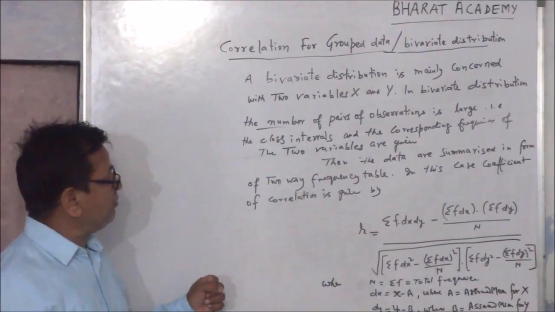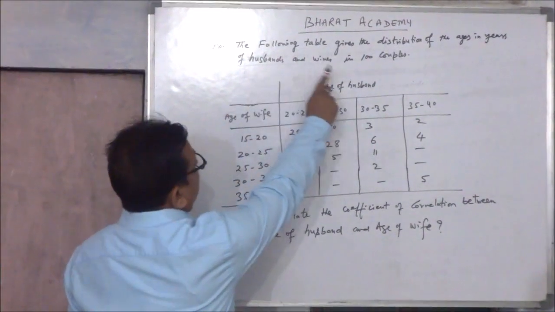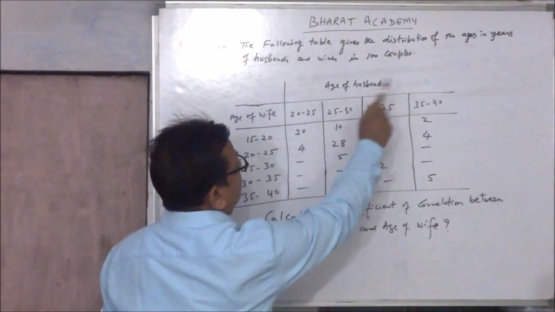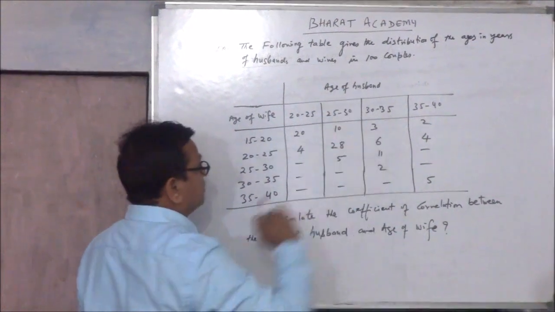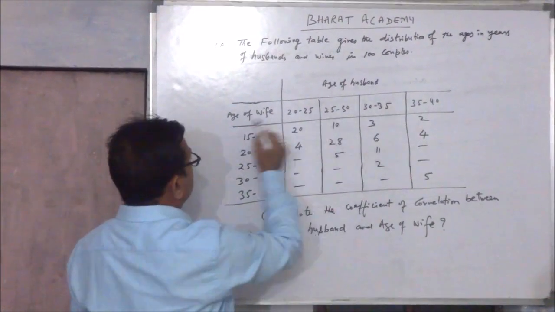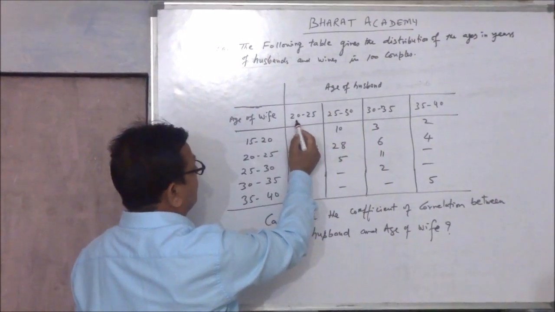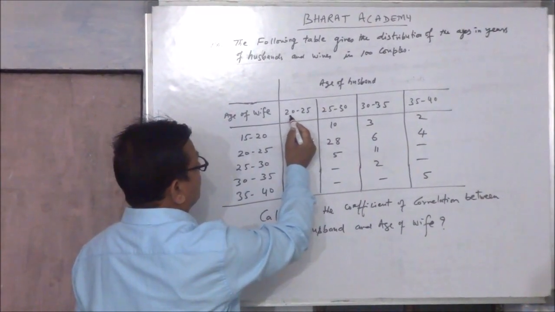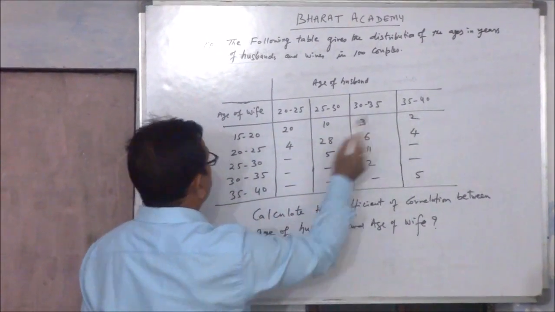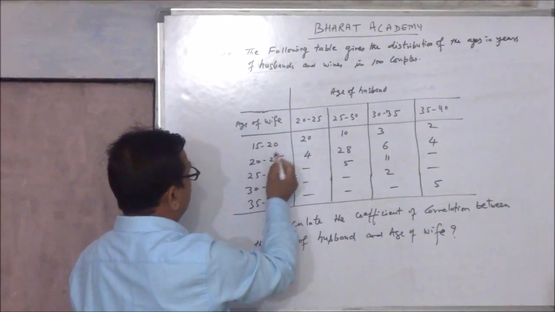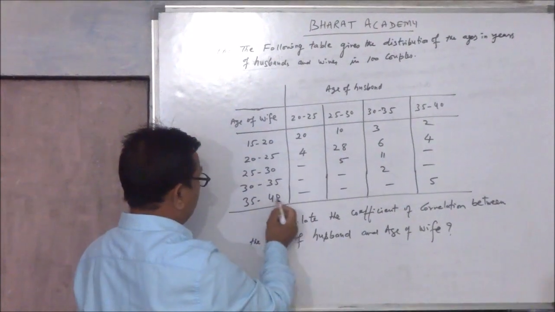Now we solve a problem based on correlation for group data. Question is, the following table gives the distribution of the ages in years of husbands and wives in 100 couples. This is age of husband, this is age of wife, and the data is: age of husband is 20 to 25, 25 to 30, 30 to 35, 35 to 40. Ages of wives are 15 to 20, 20 to 25, 25 to 30, 30 to 35 and 35 to 40.